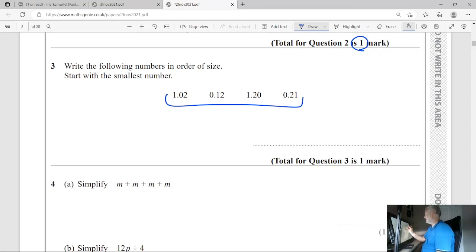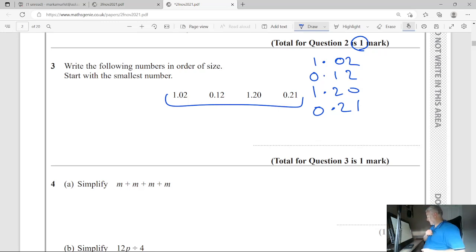All I'm going to do is list them in order as they come: 1.02, 0.12, 1.20 and 0.21. My method for this would be, now you've listed them and you've got the decimal points all under each other, rub out the decimal points and then rub out any zeros that come before the number.